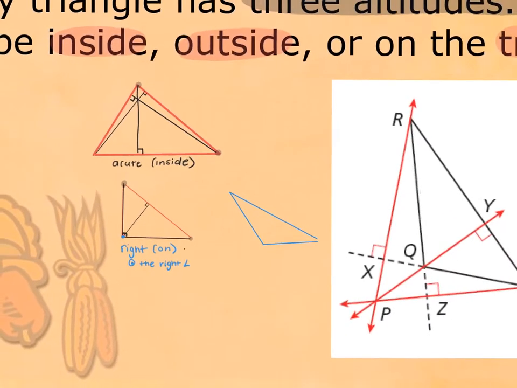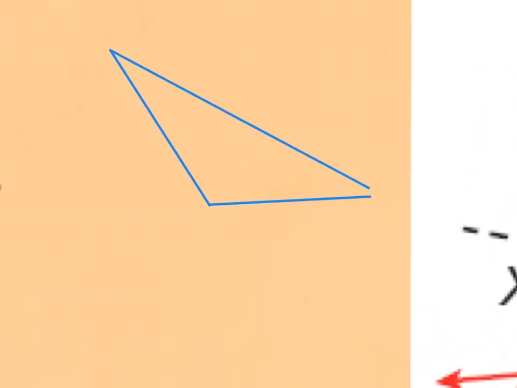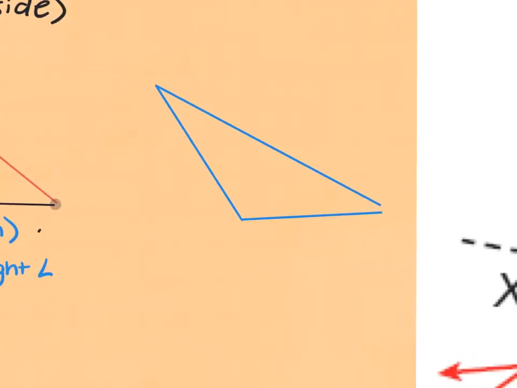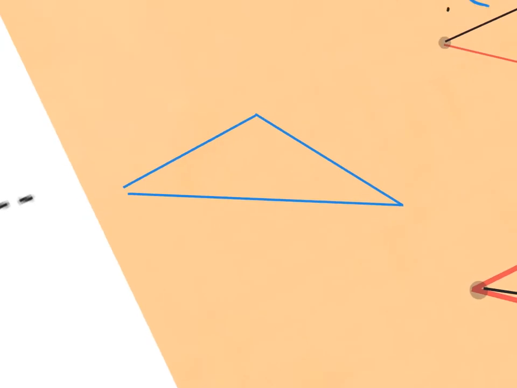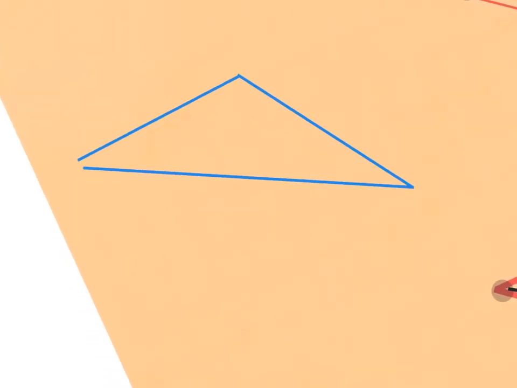And this obtuse triangle is why that happens. So if I wanted to, let me start with the easy one. I'm going to rotate so that this one is at the top. So if I wanted to connect that vertex, which is here, to the opposite side, making it perpendicular, I just drop it straight down.